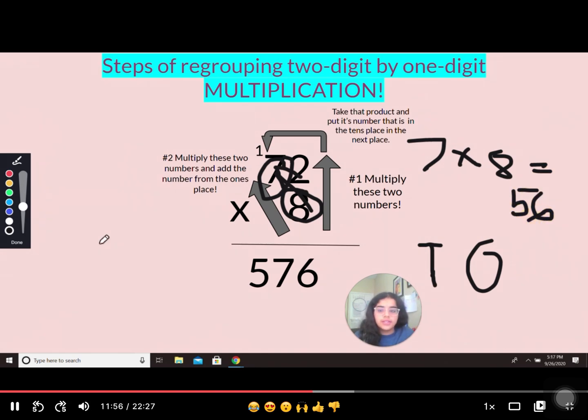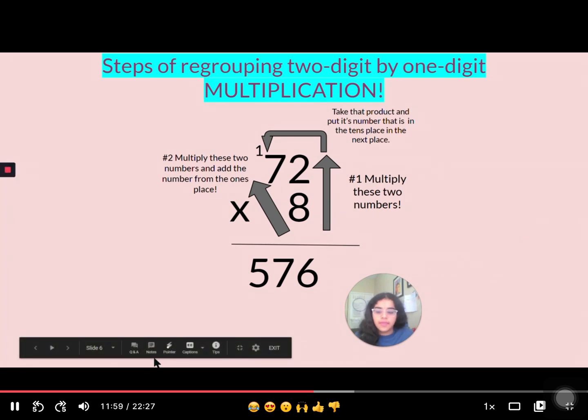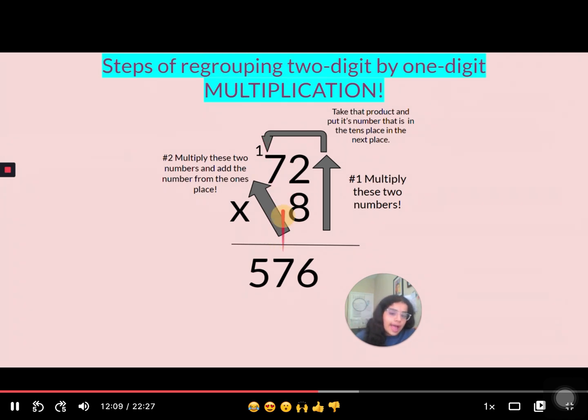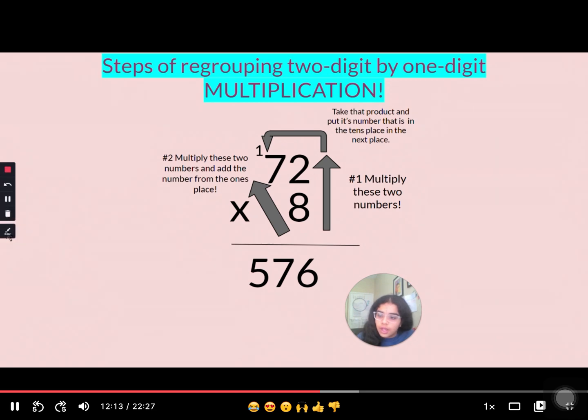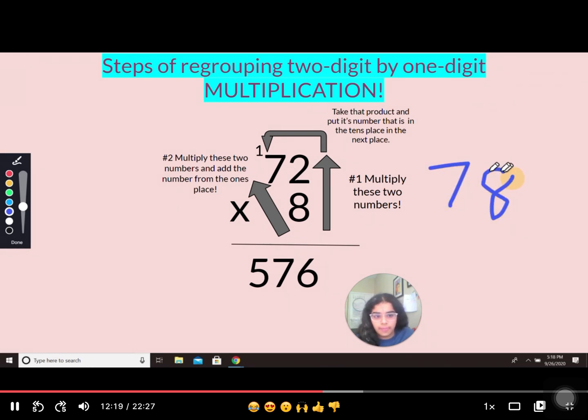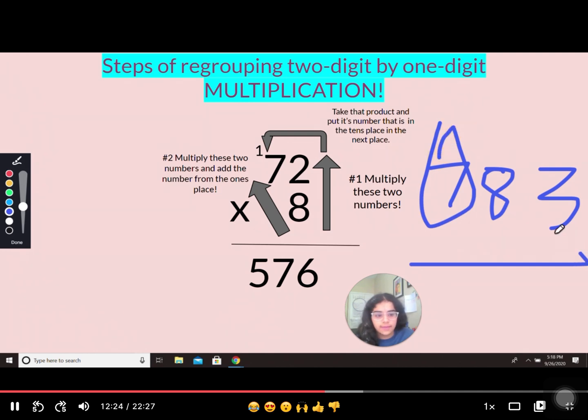So now this is one thing, guys. If on the left side it ever says a 2-digit number, like if I had 783 times 4, then the last digit would be on this side.